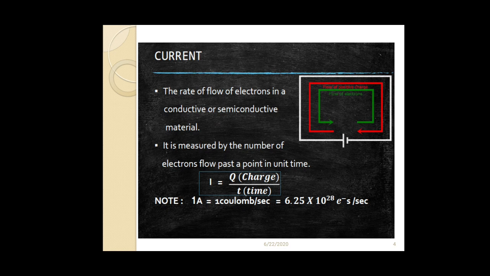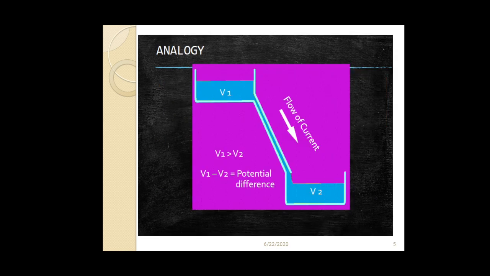The unit ampere is used to measure the current, and it is denoted by A. So 1 ampere is equal to 1 coulomb per second. This is the analogy of the flow of electrons, the flow of current.